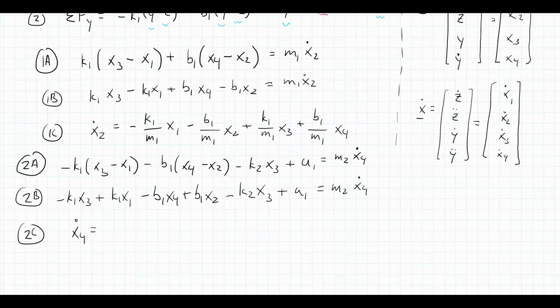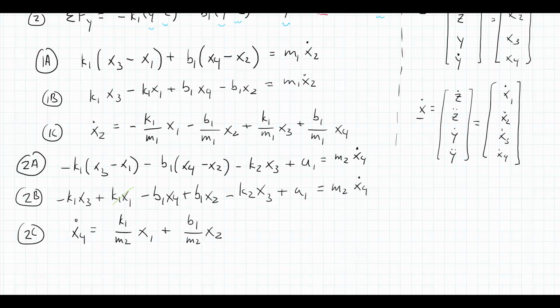But I want to be methodical and put my x1 terms, my x2, my x3, my x4, and then my u1 in that order. So looking here, I have k1 over m2 x1, that's my only x1 term. I have only one x2 term here, so plus b1 over m2 x2.